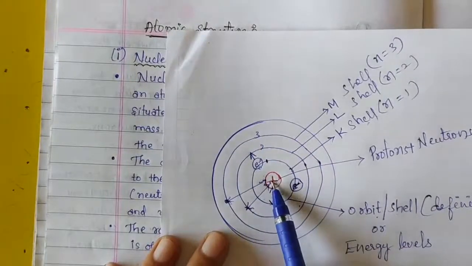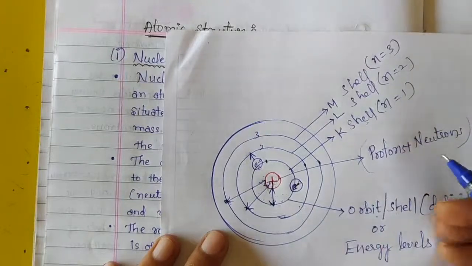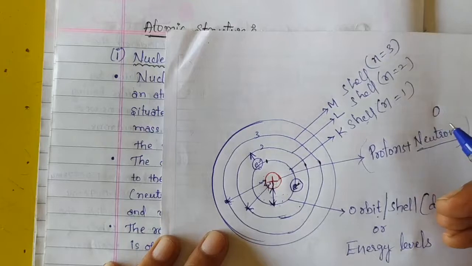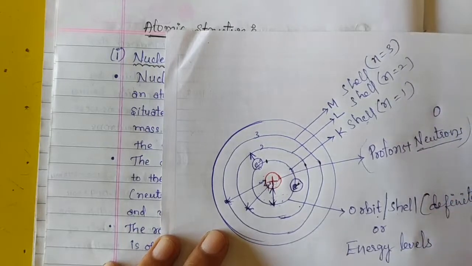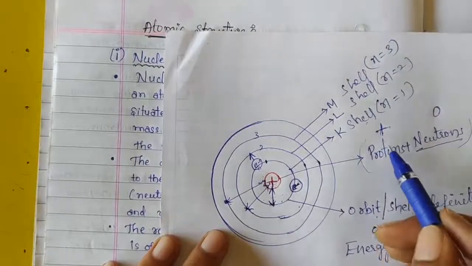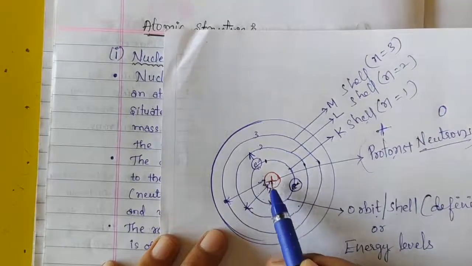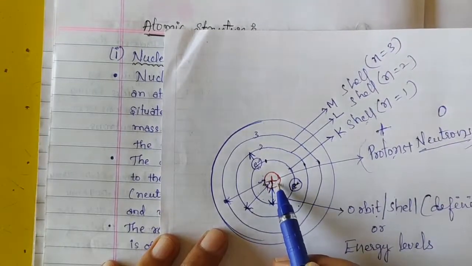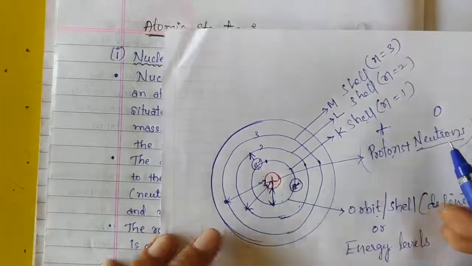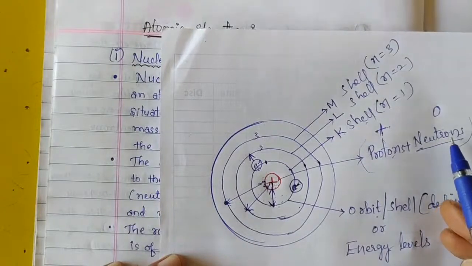At the center, the nucleus is present. Inside the nucleus, protons and neutrons are present. Neutrons carry zero charge, but protons carry positive charge.